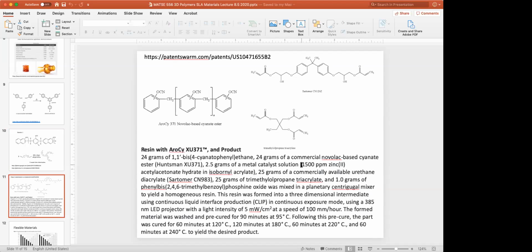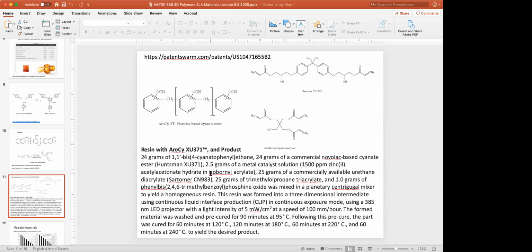That's the 1500 ppm of zinc acetylacetonate. And that's really interesting because now you're putting in the precursors for different reactions after you do the UV photopolymerization.